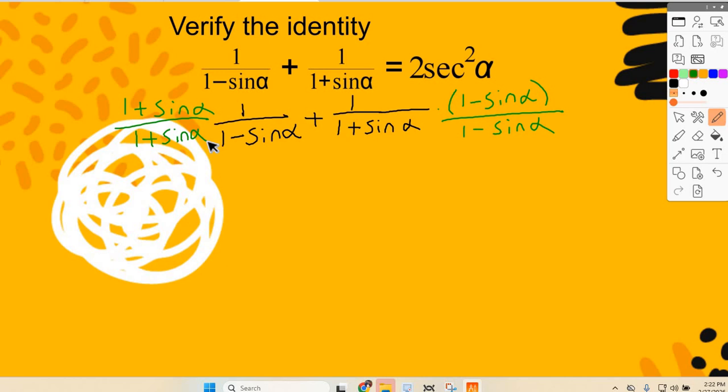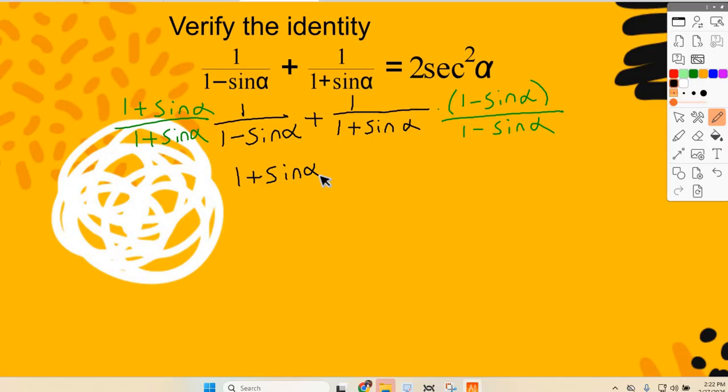Are we all okay with why we chose the left side and how we picked our common denominators? So then on the first one, notice that we're just multiplying by 1. So I'm going to have a 1 plus sine of alpha.